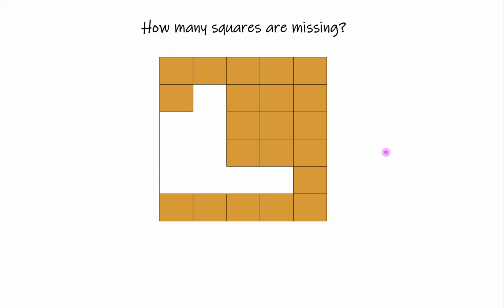Some students will count one by one, but others may seek to chunk that unit into smaller pieces like pairs of squares that they can see. Here we see 4 pairs for a total of 8 squares, with one up at the top that's unaccounted for a total of 9.